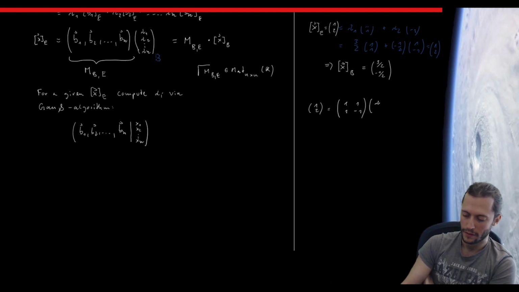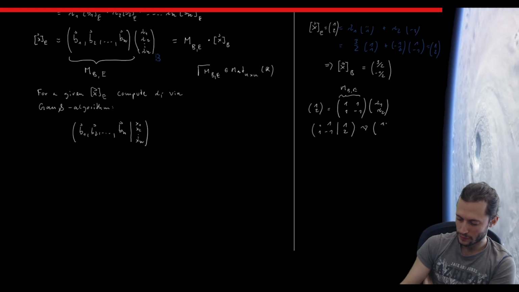Well, all right. Lambda 1, lambda 2. And this one is MBE. And now, as I said, we can go for the matrix 1, 1, minus 1, extended by x, which is 1, 2. And now solve via Gauss, giving us, for example, 1, 1, 1, 0, minus 2, 1.